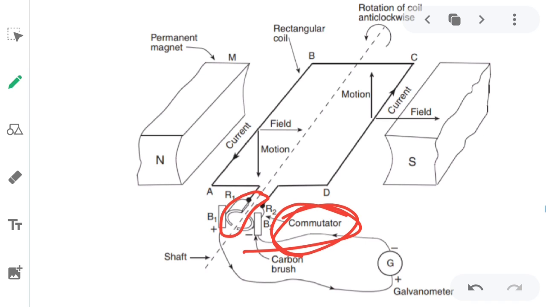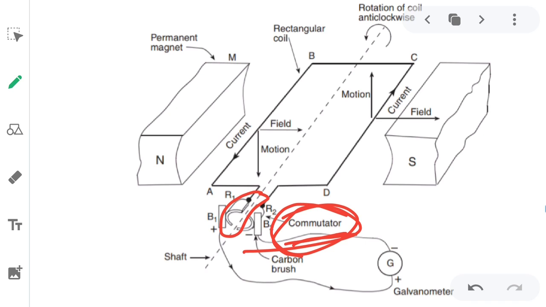On each revolution, when the shaft rotates completely in the anti-clockwise direction, we saw that the current was changing its direction two times, from A to B and then B to A. But when we use a commutator, its function is that it just changes the direction of current. It means in one complete rotation of the shaft, the current will change its direction two times.